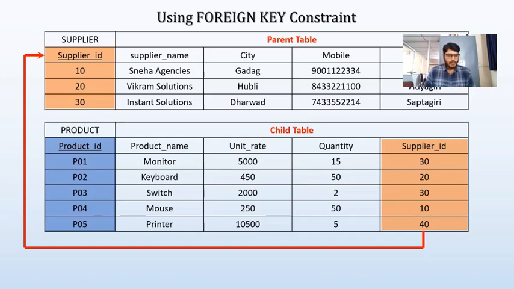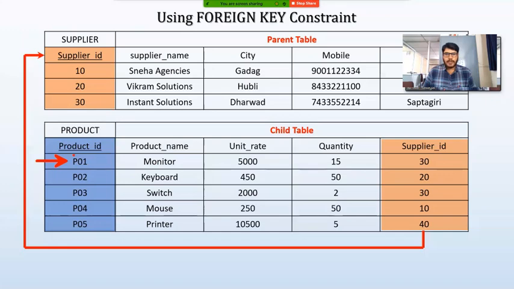Assume that we are trying to insert the first record here. As you can see, I'm going to include the monitor product record here. Actually, this monitor product has been supplied by Instant Solutions. Now, look at this.